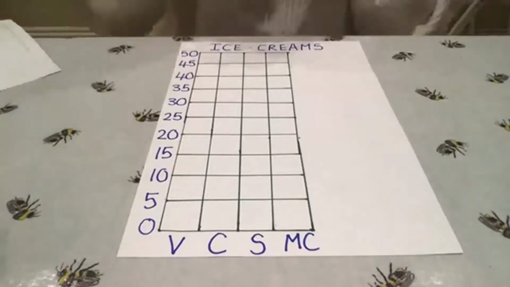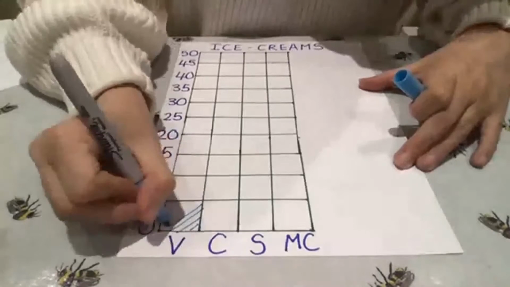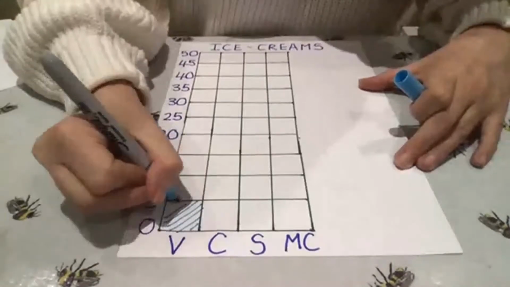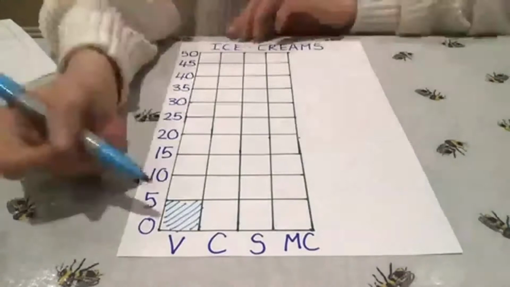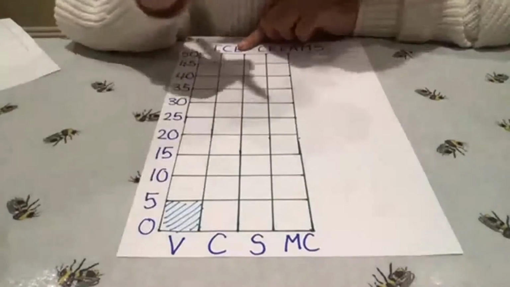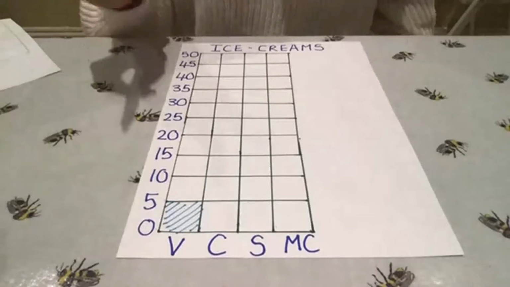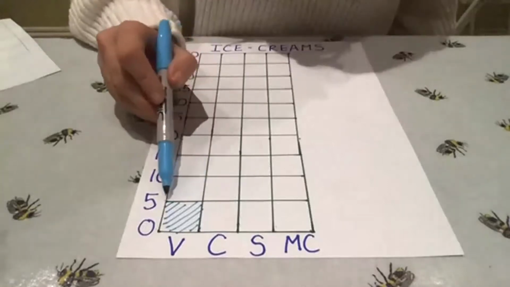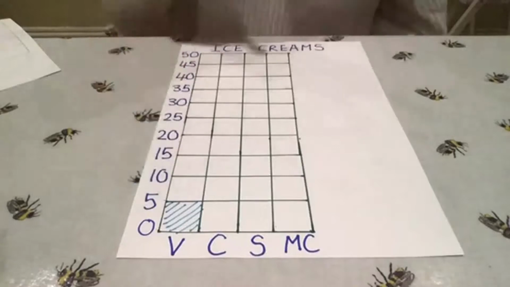So I'm going to colour in 1 block. Now, in our last block diagram, 1 block represented 1 item, but how many items does it represent in this block diagram? Well, yes, if we move our finger across, we can see that it represents 5 items.